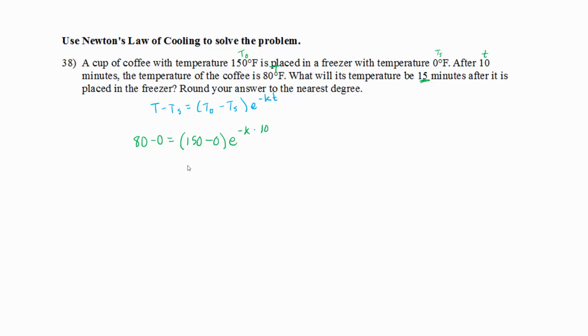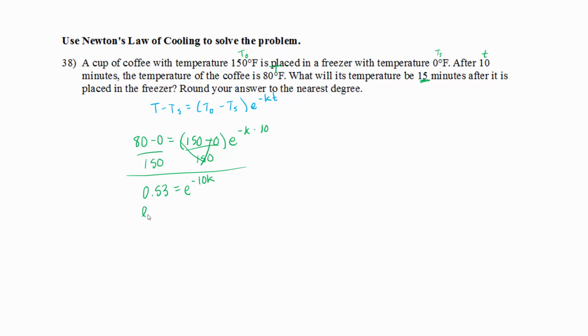We're going to solve this for k, kind of like how we solved for t just a little bit ago. This is going to be 80 and 150, as we're subtracting 0, so we're going to divide 150 on both sides, which will give us 0.53 equals e to the negative 10k.